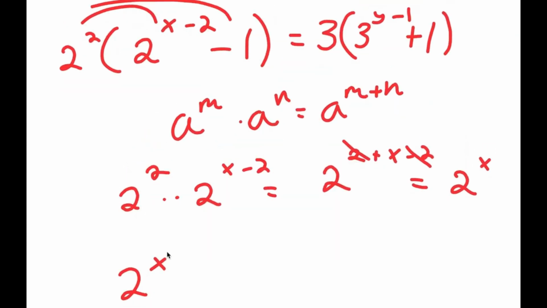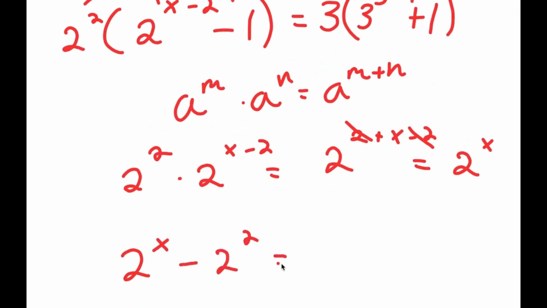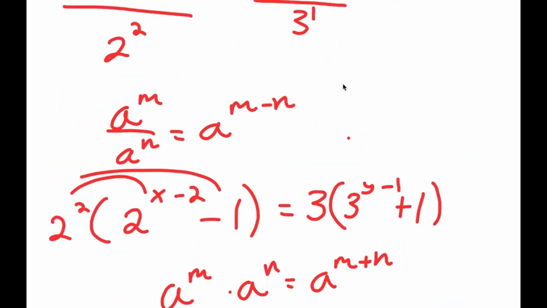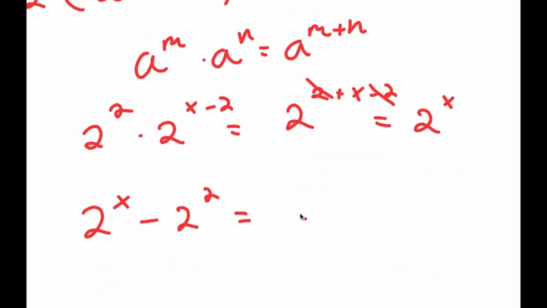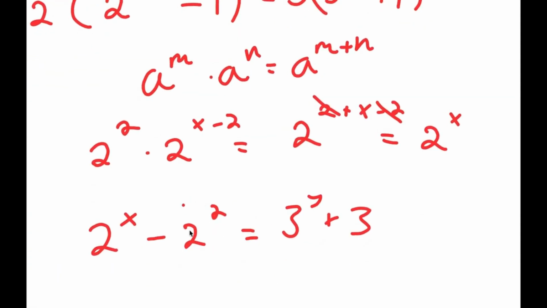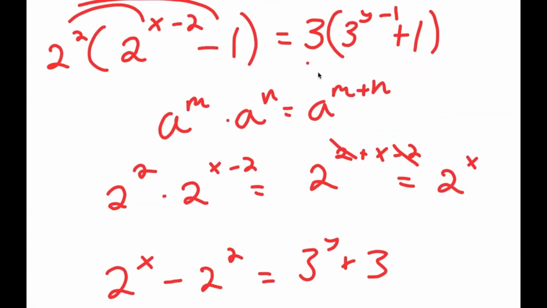And I have 2 squared times negative 1, which is negative 2 squared, and this is equal to 3 to the power of y plus 3. So I'm just checking if we factored out right, and it looks like we did.